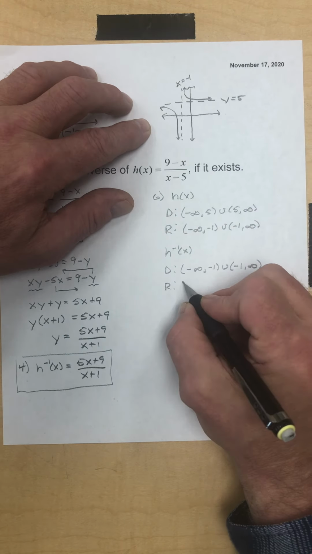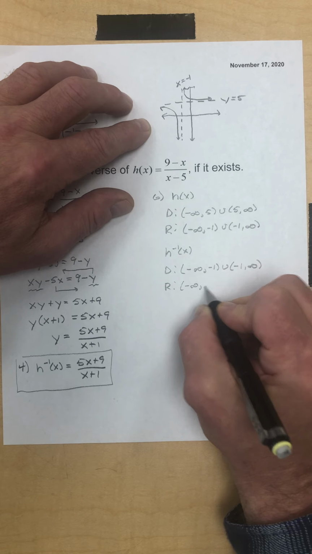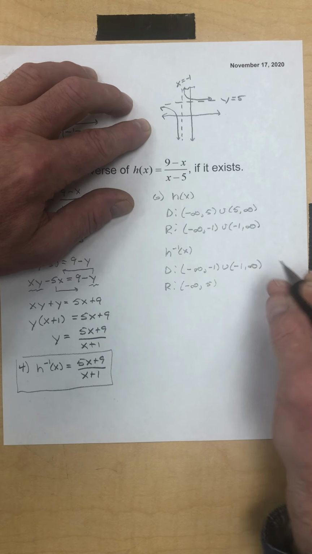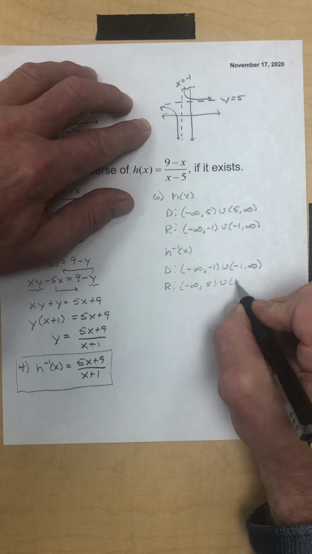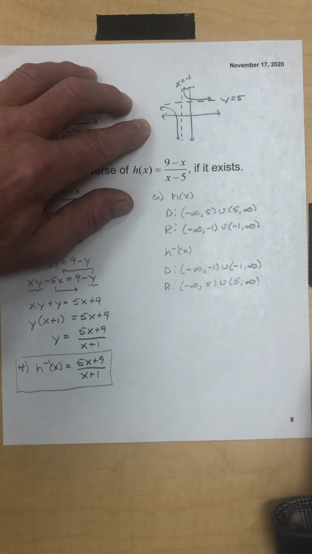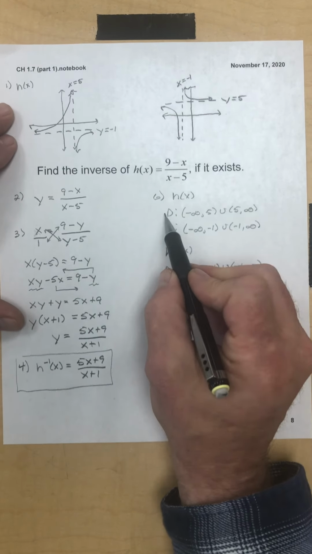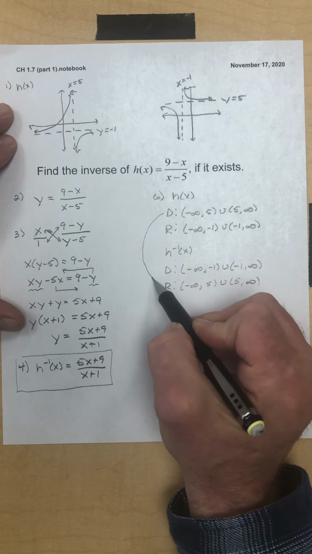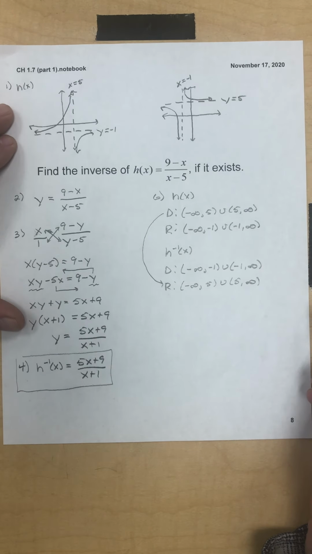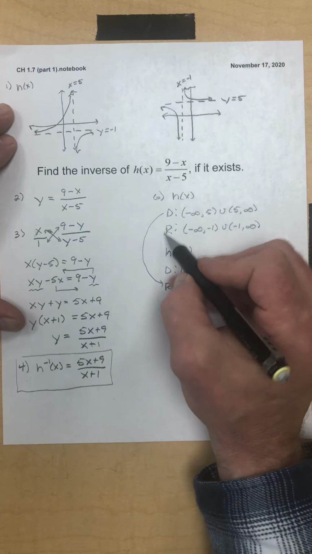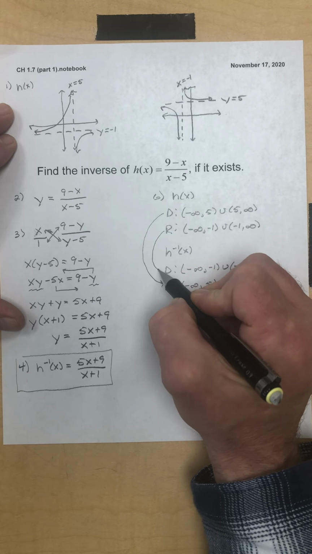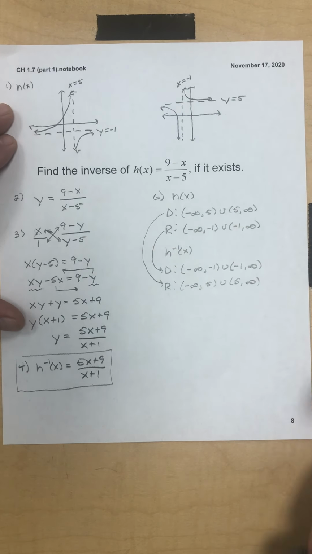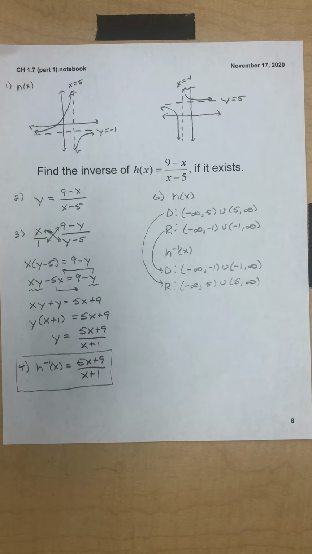So it's going to go from negative infinity all the way up to 5, and we throw that out and union that with 5 to infinity. And then we take a look. Does the domain here give us the same thing as the range down there? Yes. Does the range here give us the domain down here? And that would be yes. So everything works out. It's clean like the last one.